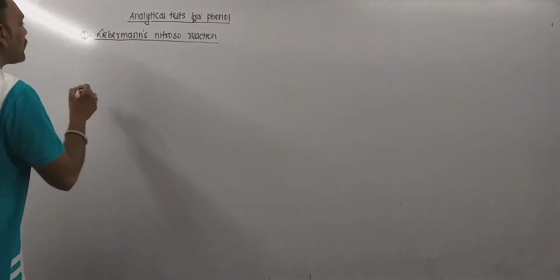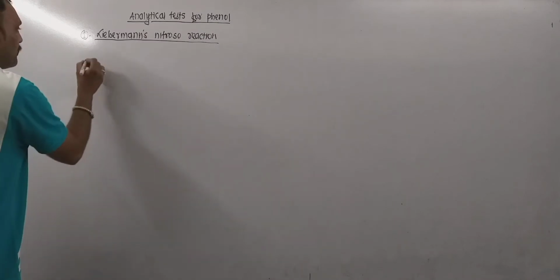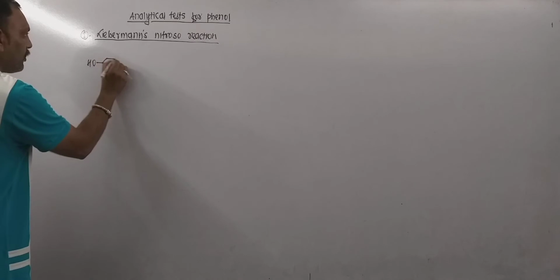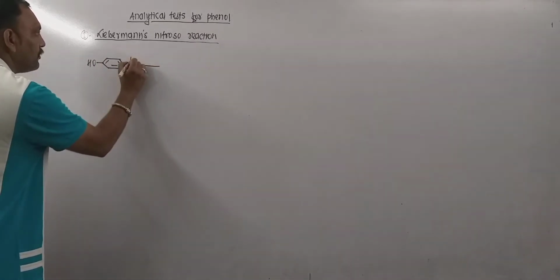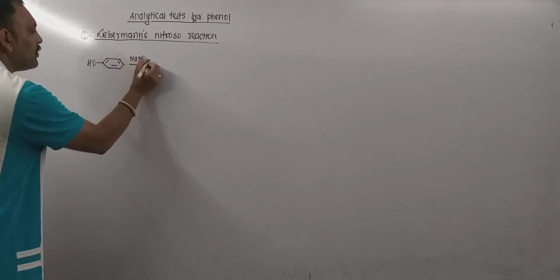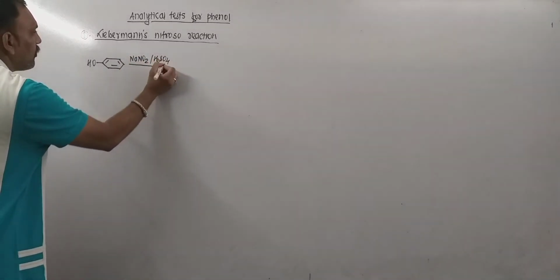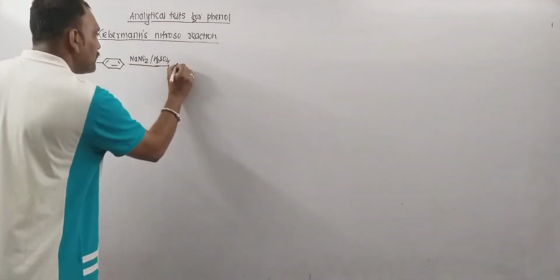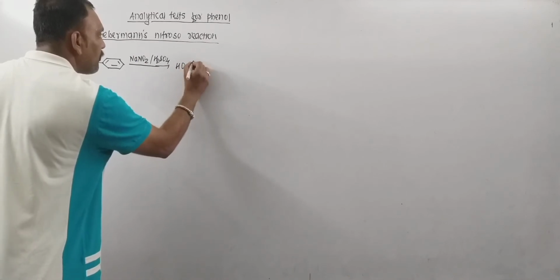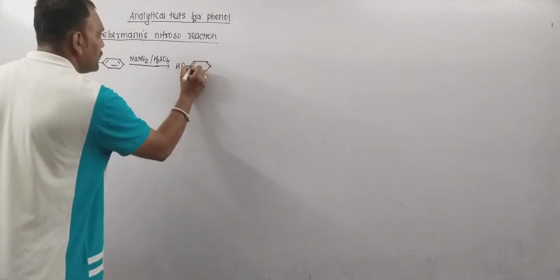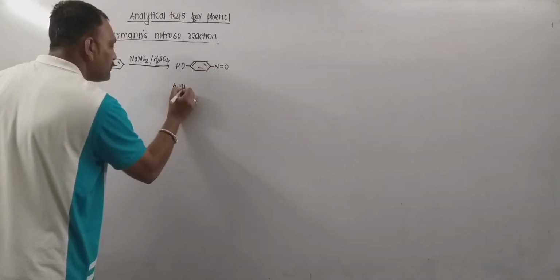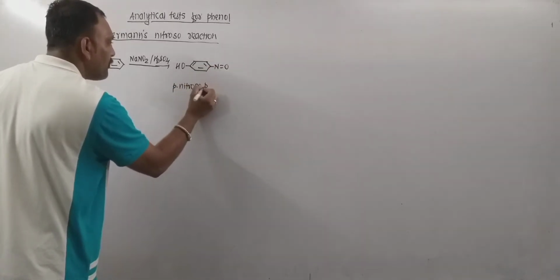So first of all, what happens when we treat phenol, this is supposed to be the phenol. Now when we react this phenol with NaNO2 and H2SO4, then remember nitrosylation takes place, and that leads to the formation of para-nitrosophenol.